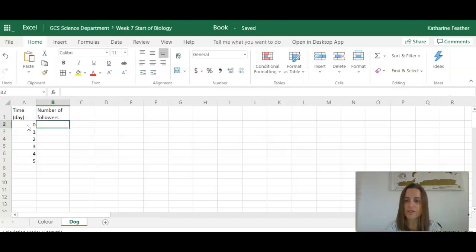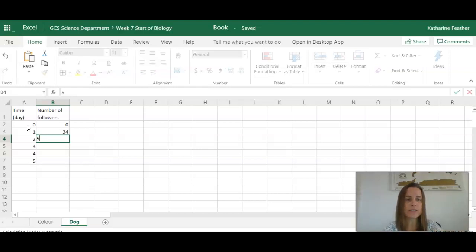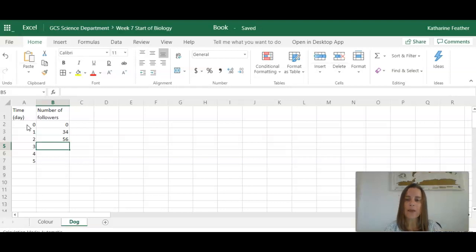Day 0, obviously nothing has happened, so she had 0 followers. Day 1, I was quite enthusiastic about this, obviously chose the best pictures of her, and I got up to 34 followers in one day, which I was quite happy with. Day 2, enthusiasm levels were still there. I think I'd followed quite a lot of people, so she got some more followers, and we were up to 56. Day 3, I think I went down a little bit.